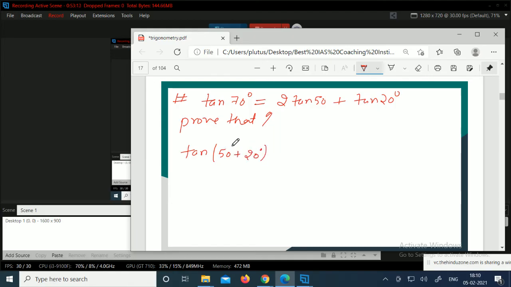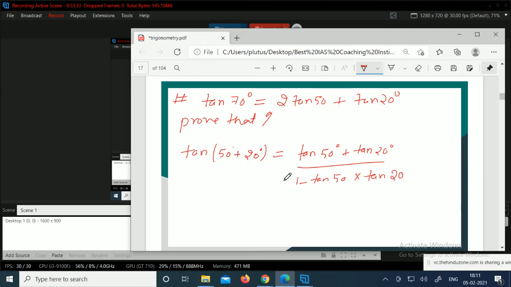If I apply sin A plus B, then sin 50 cos 20 plus cos 50 sin 20, and that is sin 50 into sin 20.